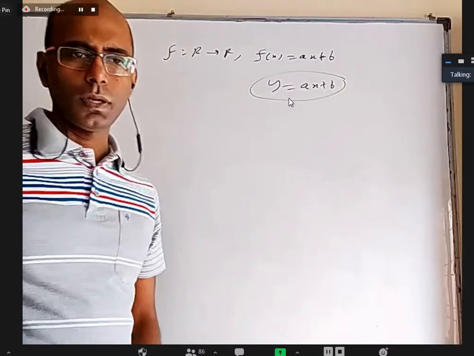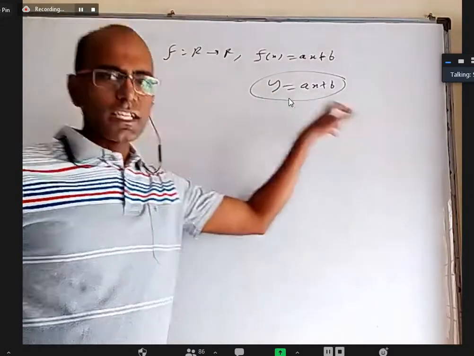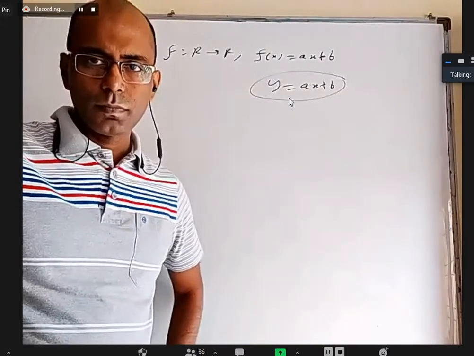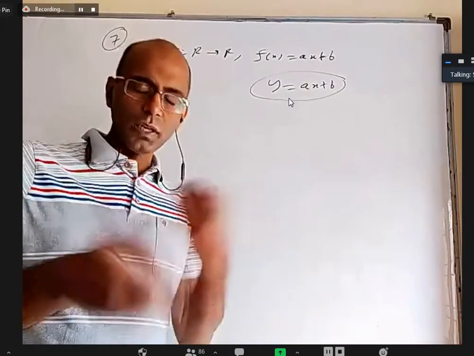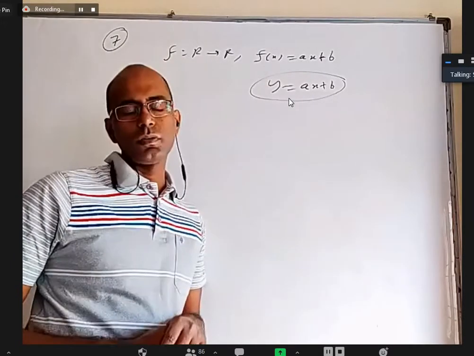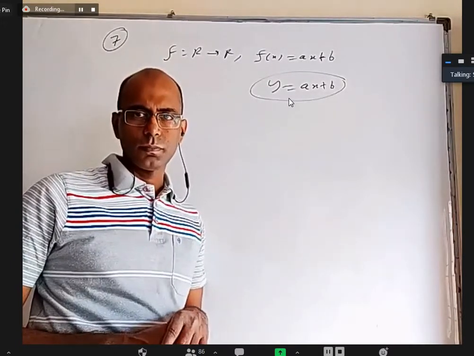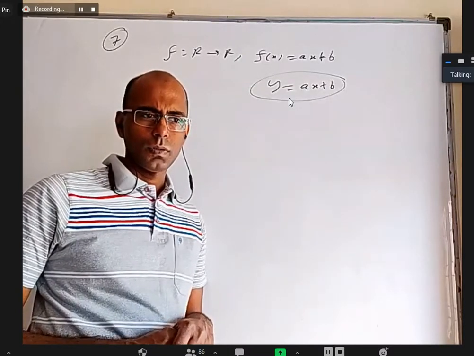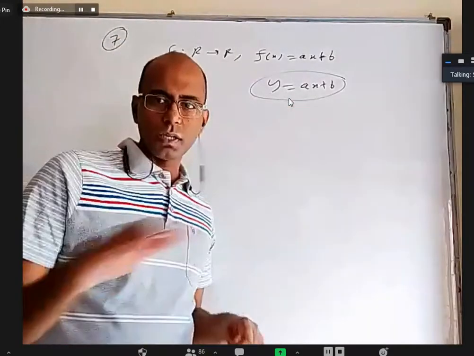Sir. Yeah. Does y equal to ax plus b cover all the lines in the xy plane, or can it not cover some lines? You take a some number, b some number, keep on changing the numbers. Will you cover all the lines in the xy plane, or will you not be able to cover some lines? A equals 0, we cannot cover. A equal to 0 will cover all the horizontal lines.